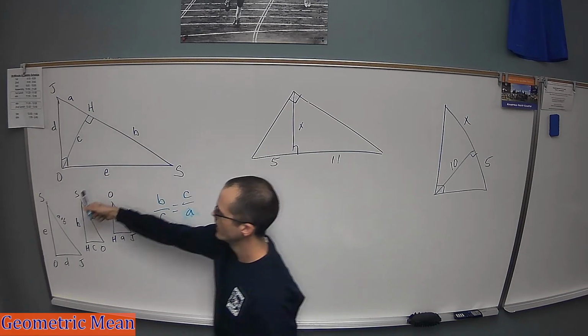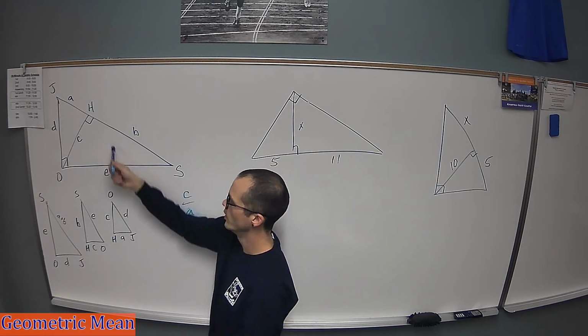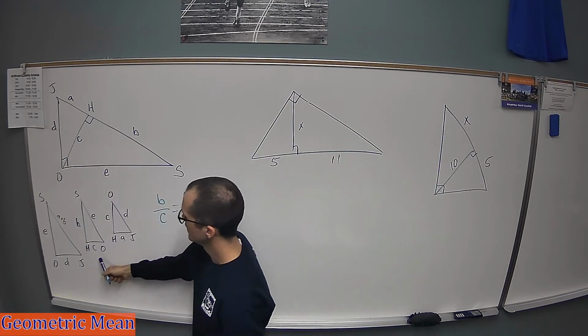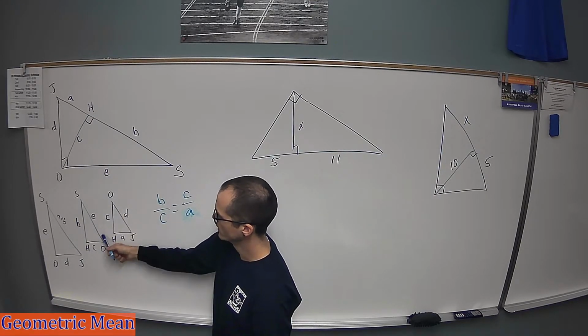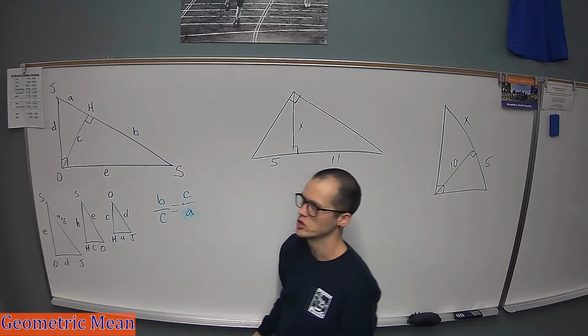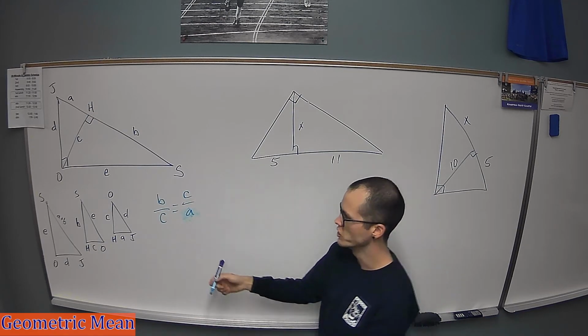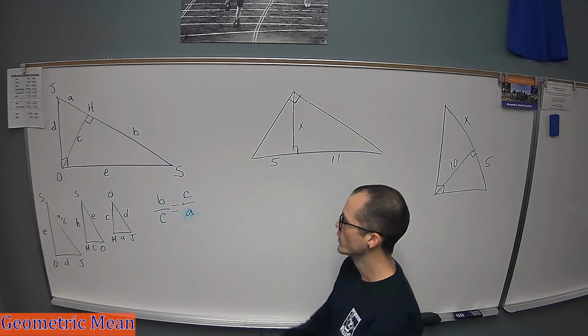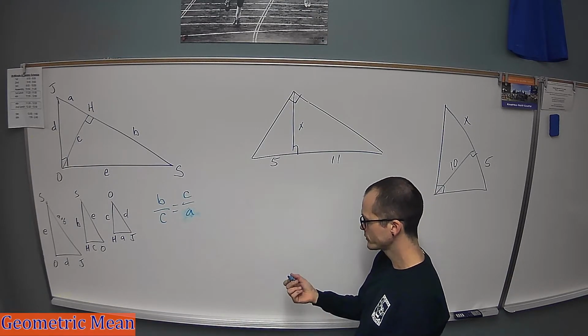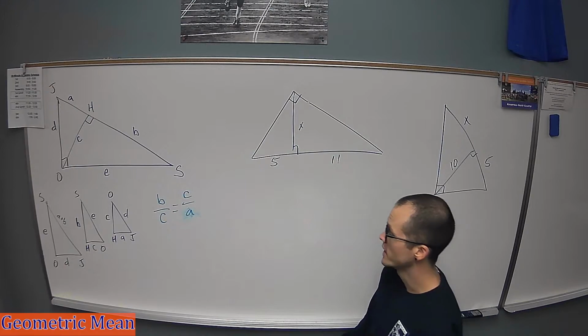And again, I populated this whole thing from up here. So this CHO happens to be the short leg here, but it happens to be the long leg here, and that's just from the picture. I didn't move anything around. I didn't actually do any math to go from here to here. I just copied it.